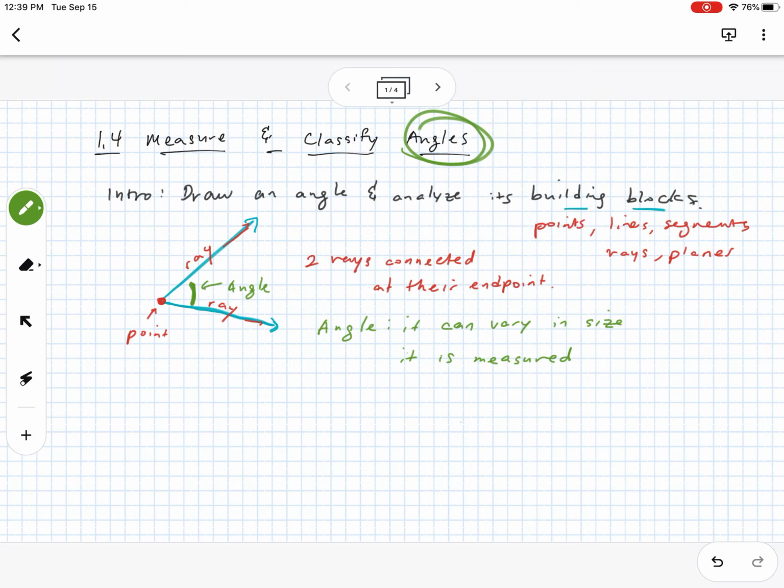For now, all we need to know is that it is measured in this term called degrees, with the degrees changing by the size of the angle. For example, 30 degrees, 45 degrees, 90 degrees, etc.